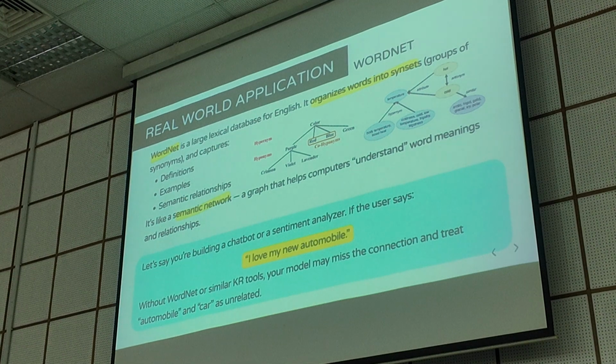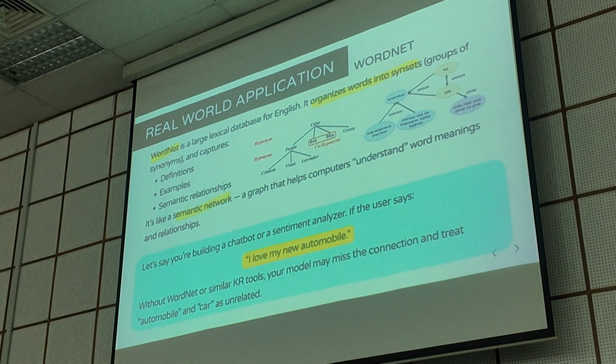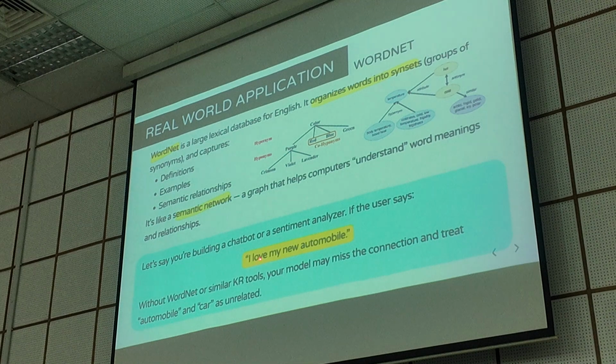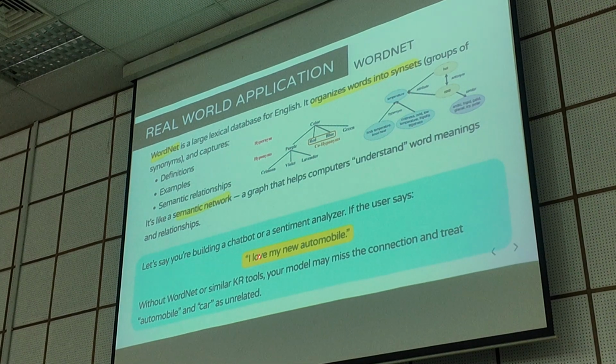For example, we can use the WordNet to paraphrase our paragraph, because we use the synonyms. For example, in this case, I like automobiles. I love my new automobile here. So we want to paraphrase this sentence. The machine will first understand what the synonyms are. Love, right?